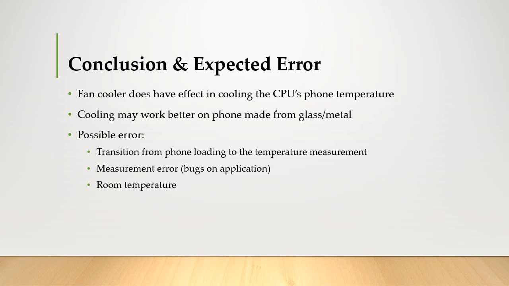As we can see, the phone that I used in this experiment is made from plastic, so the back part of the phone that attached to the fan cooler may cool faster if done using a phone made from glass or metal due to its thermal conductivity.